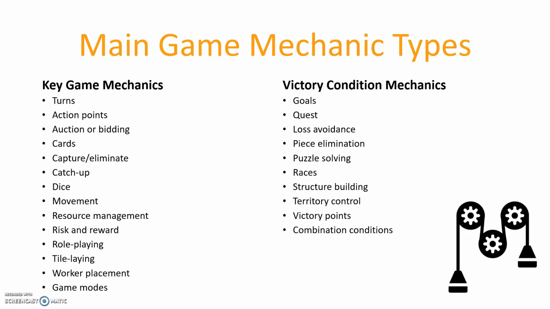So for example, if the aim of the game is to roll six snake eyes in a row, which is double one with double dice, the dice movement is a key game mechanic, and the victory condition is rolling so many snake eyes in a row. So they can be combined together. The key game mechanics are your official mechanics, and then your victory conditions are what can be used to actually succeed at a game.